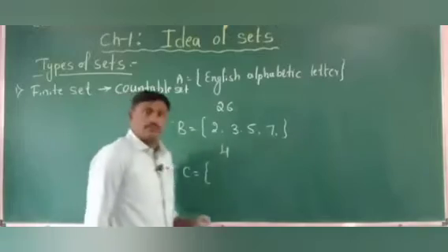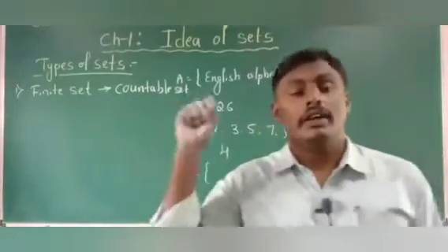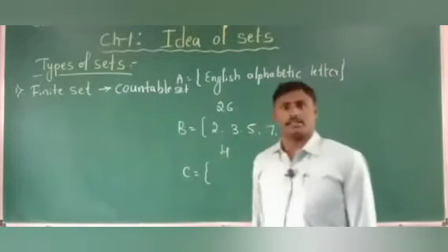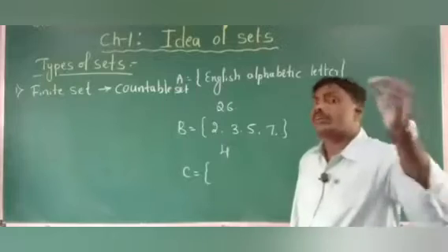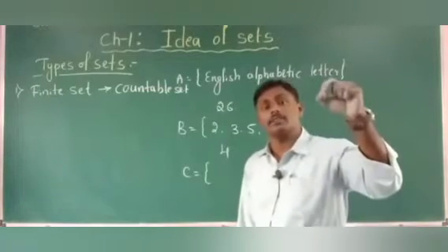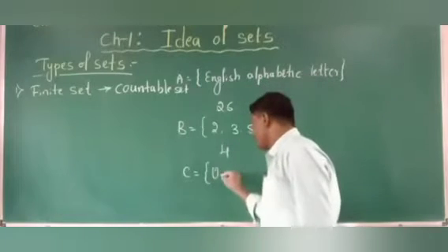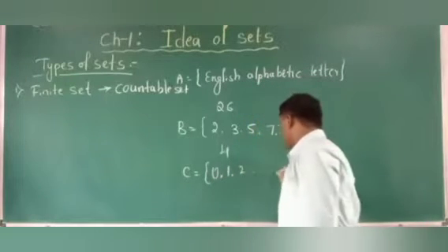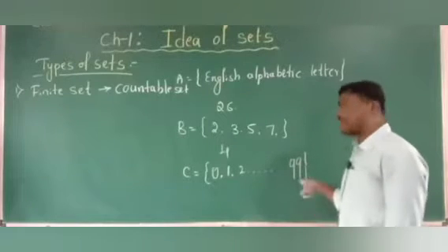C is a set of the first 100 whole numbers. If I say the first 100 whole numbers, what do you have to write? Whole numbers usually start from 0: 0, 1, 2 and up to 99. 99 is the 100th whole number.